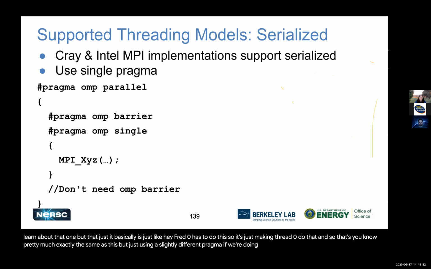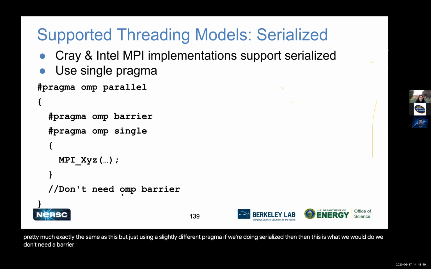If we're doing serialized, this is what we would do. We don't need a barrier at the end here because single just lets one of them through at a time. They're all going to go through one at a time.